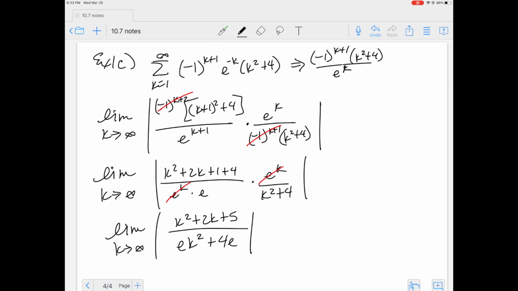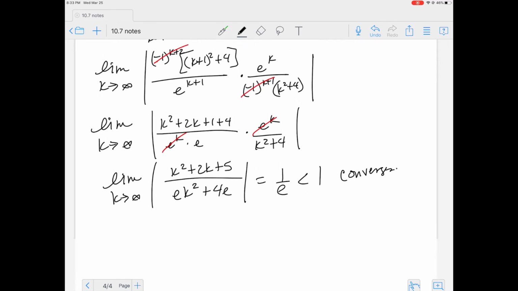I'm taking my limit as k approaches infinity. My leading coefficients here are the same, k squared over k squared. So this will be 1 over e. And we know that 1 over e is less than 1. Therefore, the series converges.